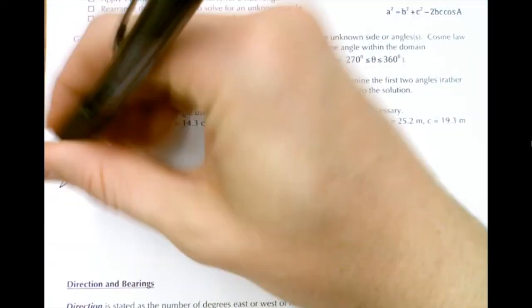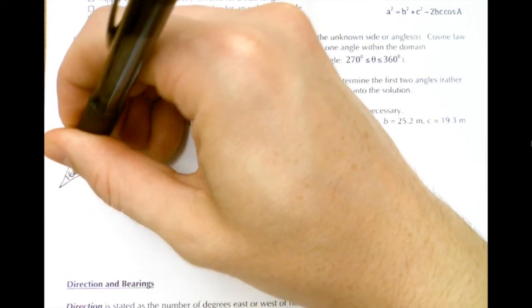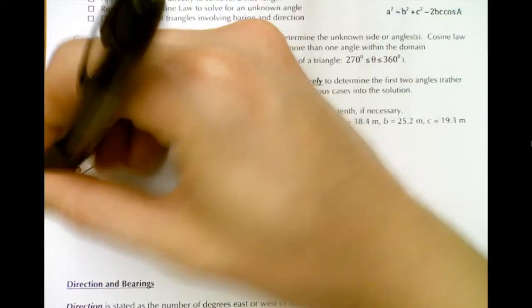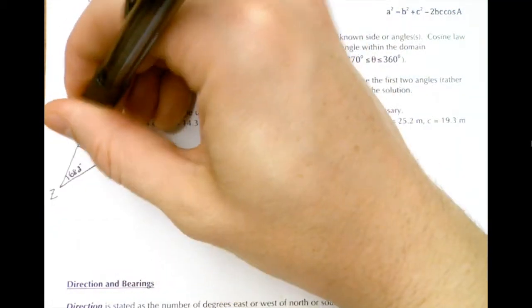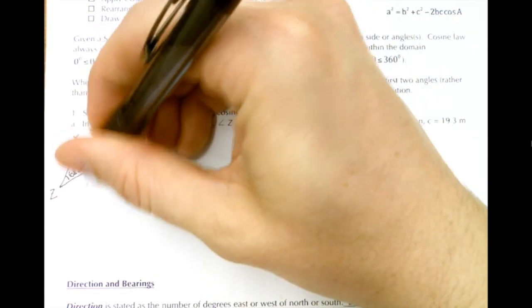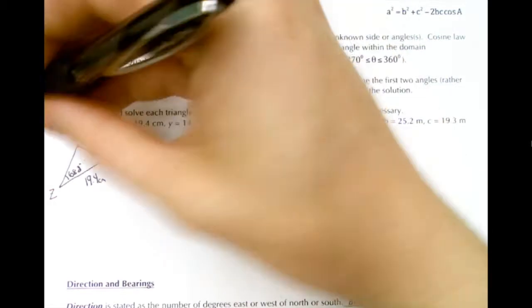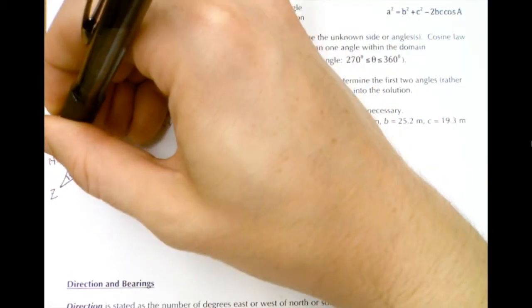Z is 68.2 degrees. We'll call that Z, and we'll call this one X, and this one Y. So side x would be down here, 19.4 centimeters, and y would be over here, 14.3 centimeters.